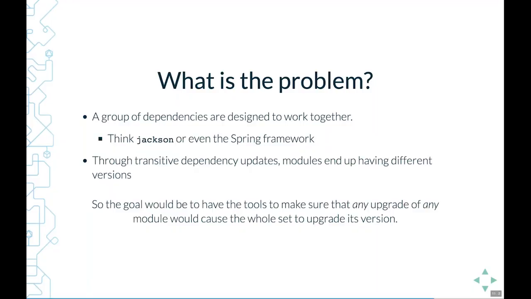As mentioned, we've mentioned alignment a couple of times already in the discussion, but let's quickly recap the problem. You've got a group of dependencies designed to work together: Jackson, or even the Spring framework, like Spring Core, Spring Context, Spring Beans, all of these. When you've got a large dependency graph, through some of the transitive updates, a Jackson module here and a Jackson module there end up on different versions. Does that work? Maybe, maybe not.